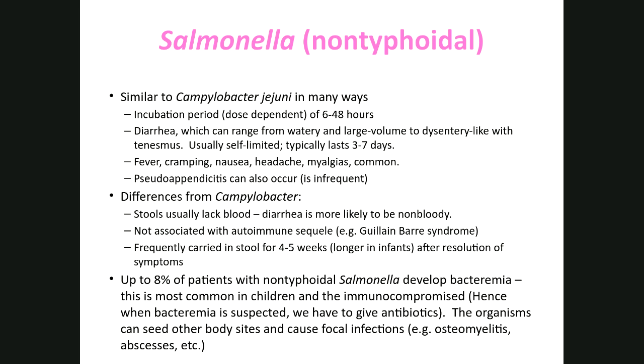For example, abscesses in the liver or in other portions, or if they settle in the bones, they can produce osteomyelitis, which is the infection in the bone. So they can have secondary effects in the form of this localized settling and then producing infection later on.